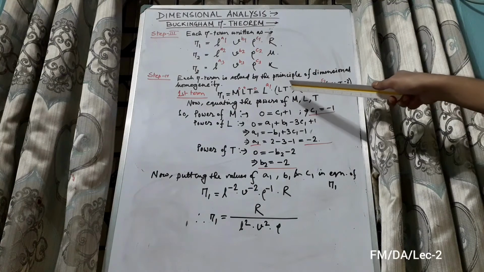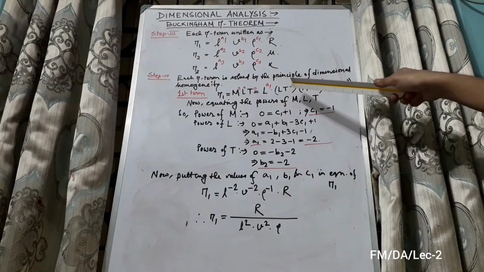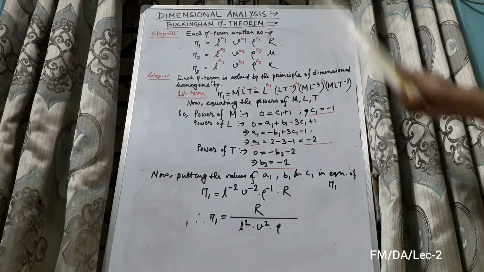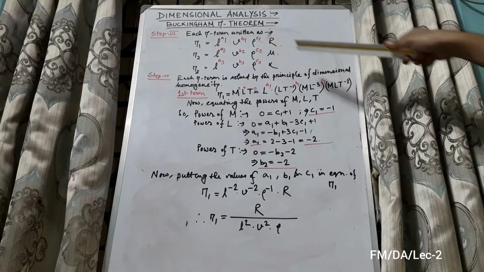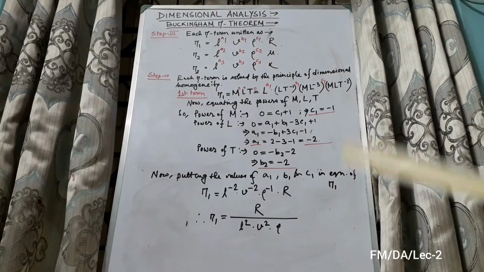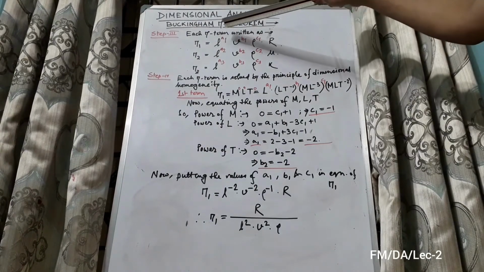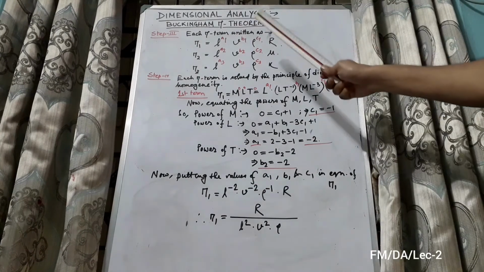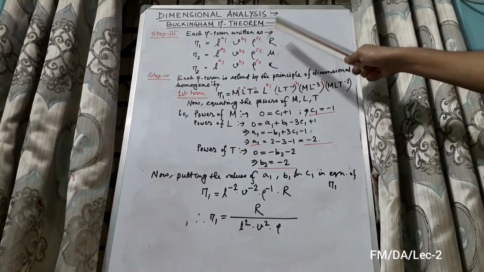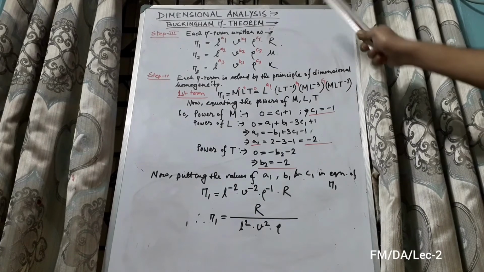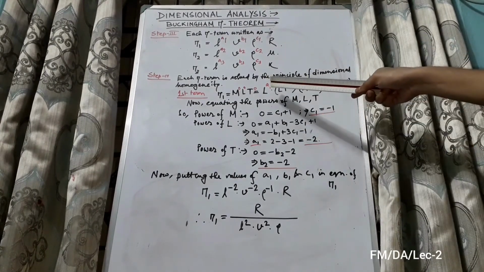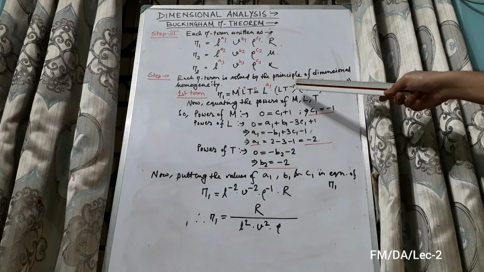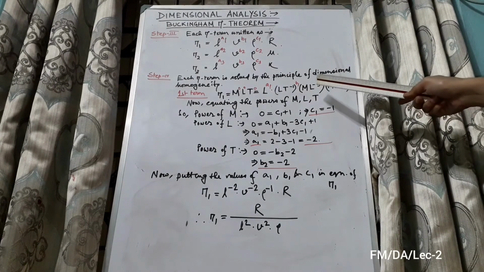We put the value of the dimension of V, then the value of the dimension of rho, then the value of the dimension of R. Now in this equation the power of L is A1, the power of V is B1, and the power of rho is C1.